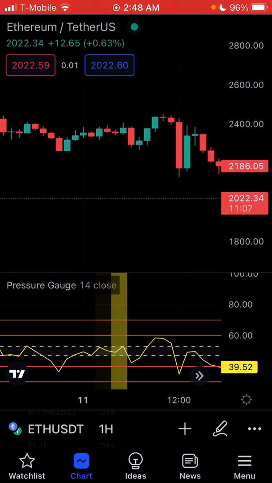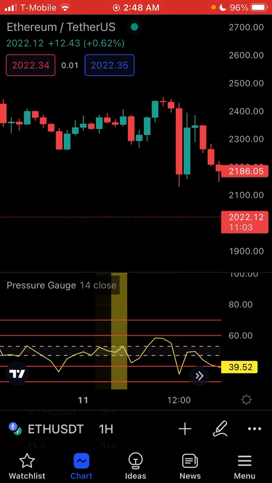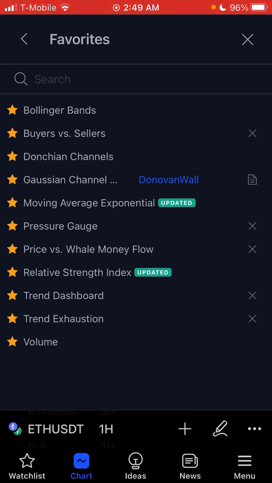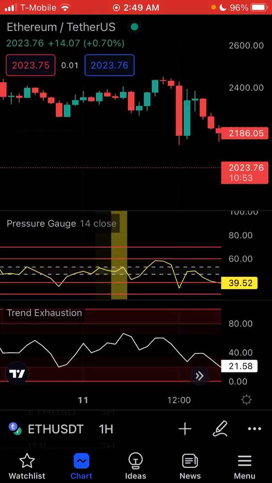But I'm going to show you guys the way that I do this. I use another one of their indicators called the trend exhaustion. And what I do is I make my moves based off of the trend exhaustion.